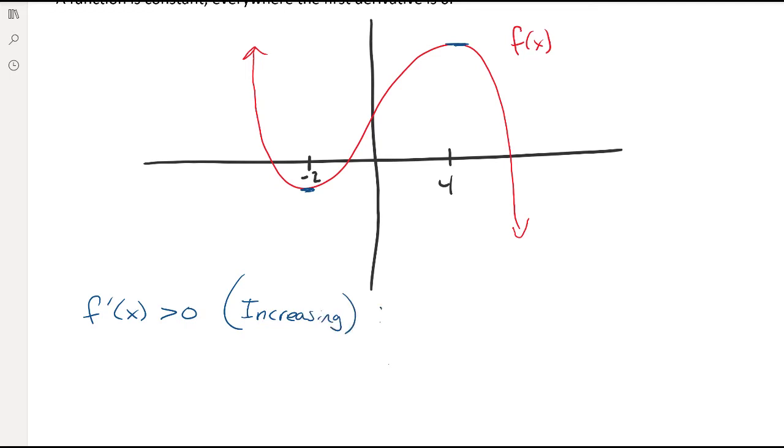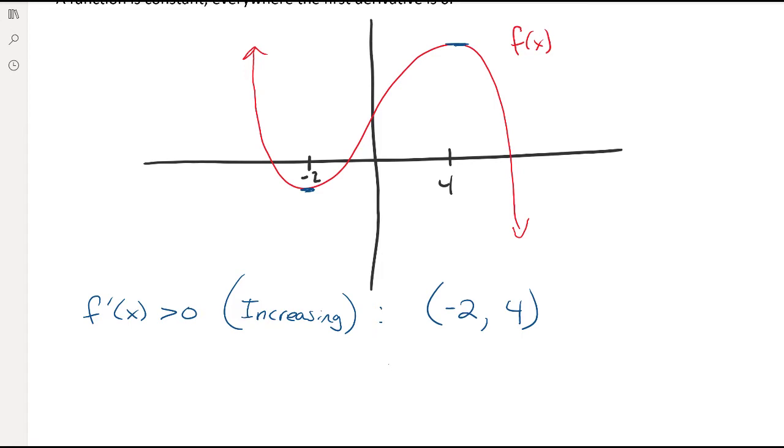If you look here, right here is where our function is increasing. Remember, you go left to right, and if you're rising, you're increasing. So we're increasing for x values in between -2 and 4.